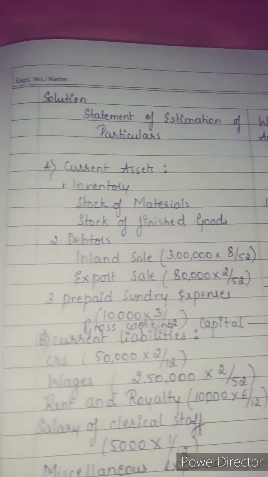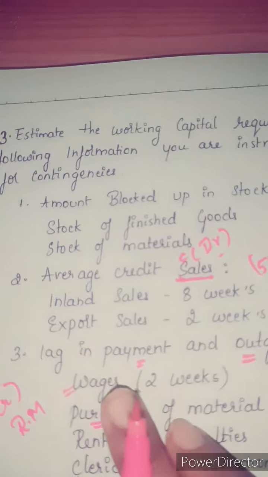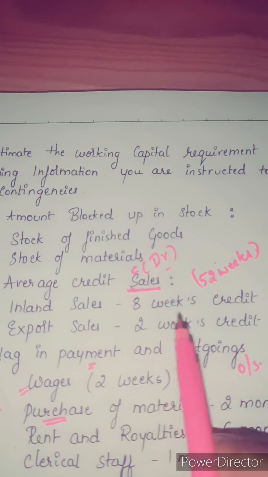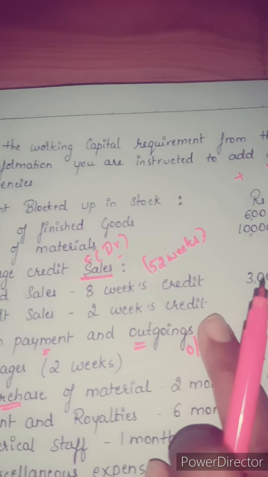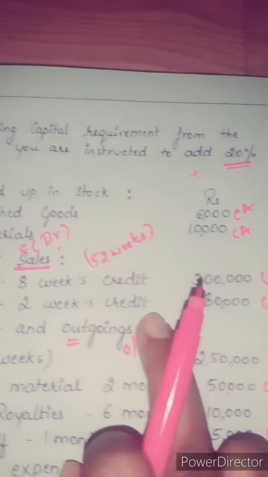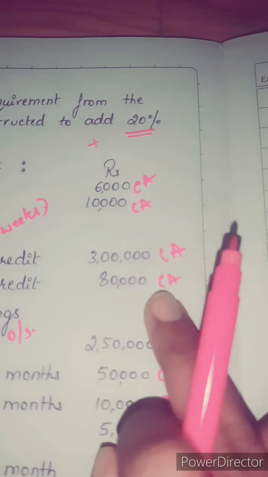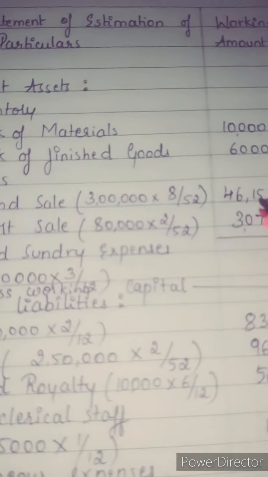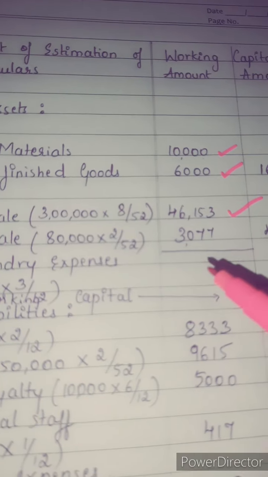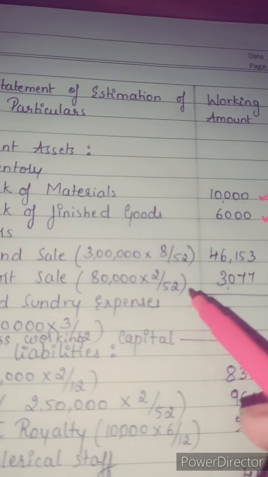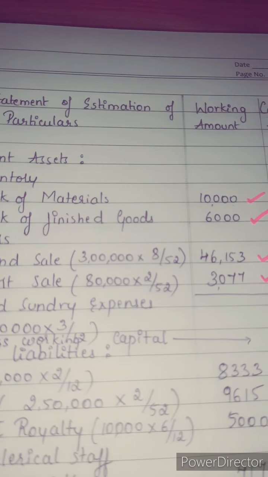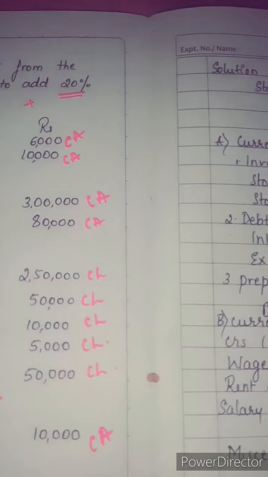That is 46,153. Next, export sale for 2 weeks, also given in weeks, so divided by 52, amount 80,000. So export sale 80,000 into 2 divided by 52, that is equal to 3,077.